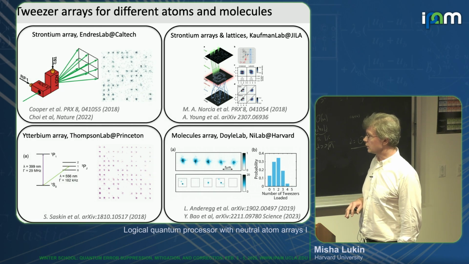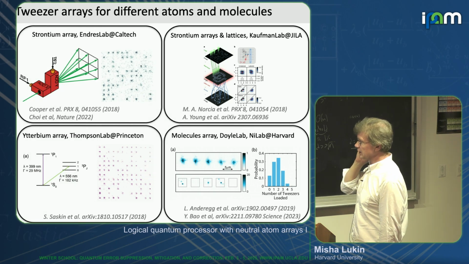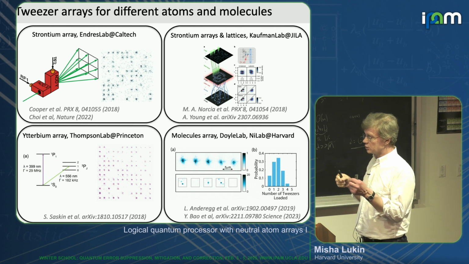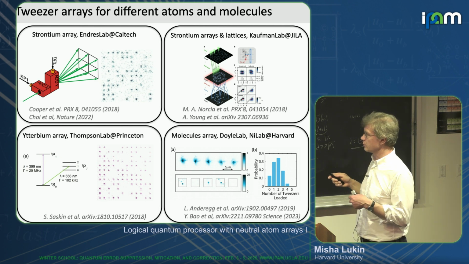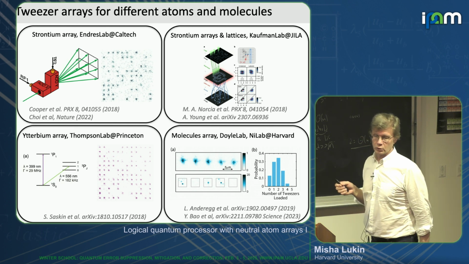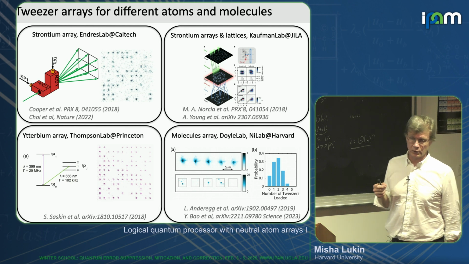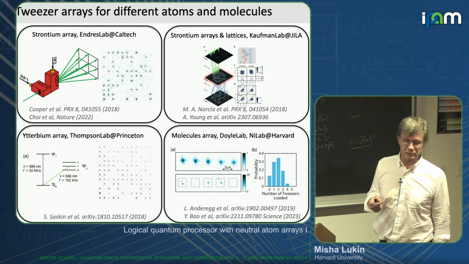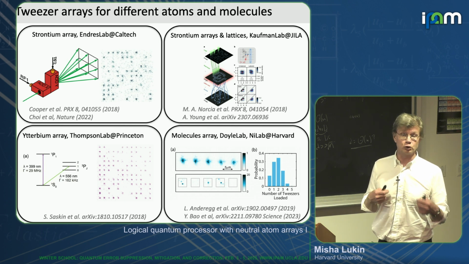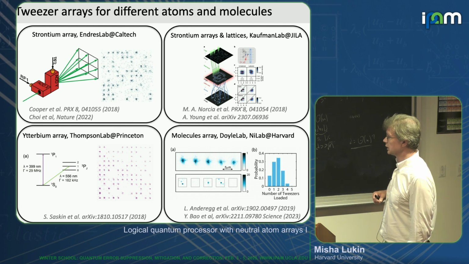Just to give you a sense of why this field is exciting, it is because all of these basic ingredients can be used in different ways. For example, what I will show you will be using rubidium atoms, alkali atoms. But there are several experiments exploring exotic atoms like alkaline earth atoms.